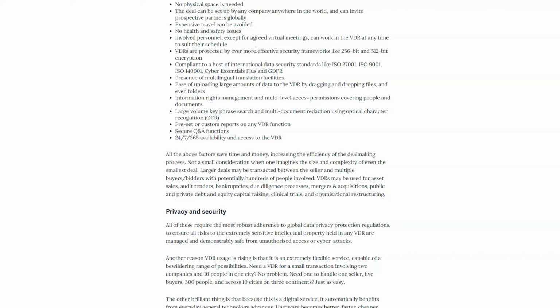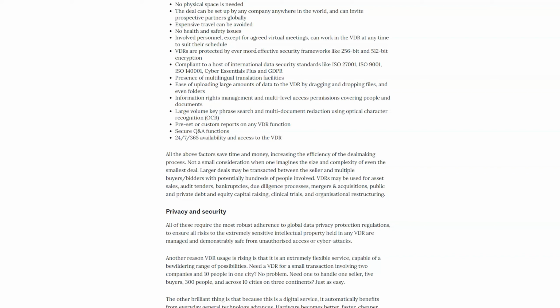Preset or custom reports on any VDR function, secure Q&A function, and 24 hours a day, 7 days a week, 365-day availability and access to the VDR.